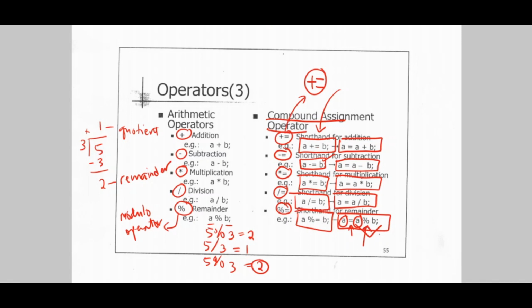So for example, if you have A gets A plus B times C, can we rewrite this using the compound assignment operator? Does the left variable of the assignment statement appear on the right side here as one of the operands of the last to be performed operator?